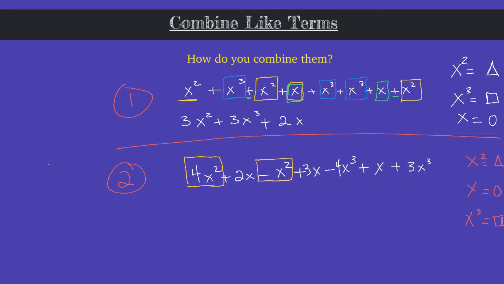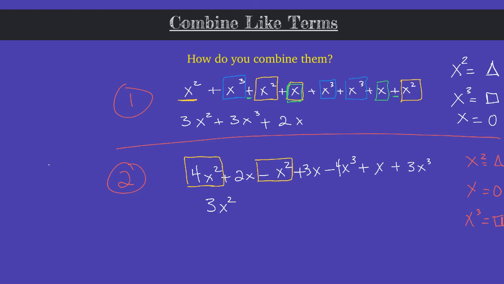So if I took away one of those x squared terms, I'm left with 3 x squares. Remember, it's as though I have a triangle. So instead of saying 4x squared, let's say I said I have 4 triangles and I'm subtracting 1 triangle. Well, 4 triangles minus 1 triangle is going to be 3 triangles. And so instead of a triangle, we know that our triangle is represented by x squared.